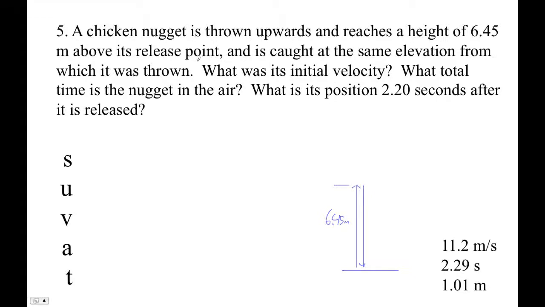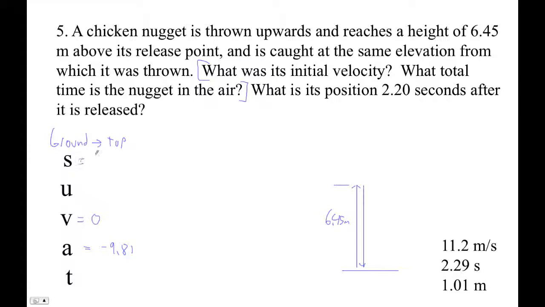I think we can do these by figuring it out from the ground to the top. I'll show you. If we go from the ground to the top, the acceleration is negative 9.81. We never have to think about that, right? The velocity at the top is 0, because if it's not 0, it's not at the top.